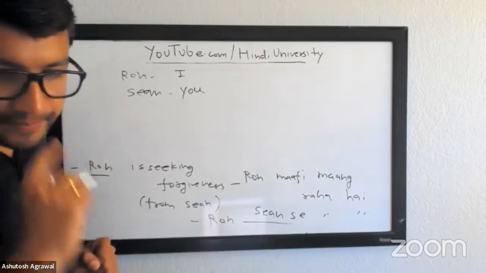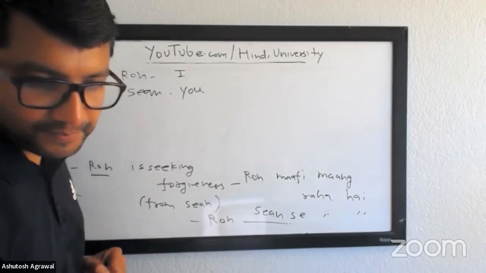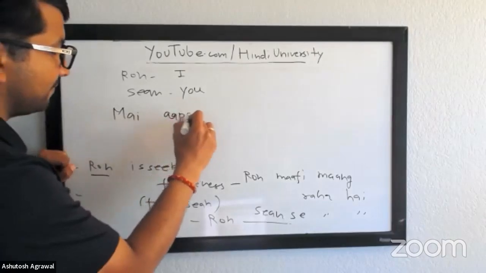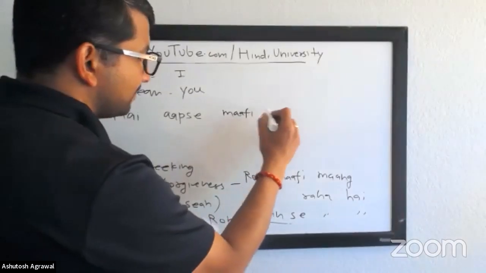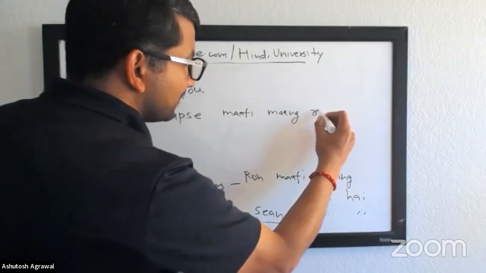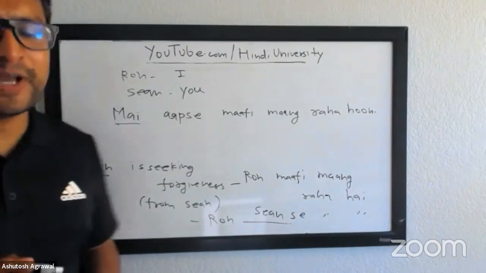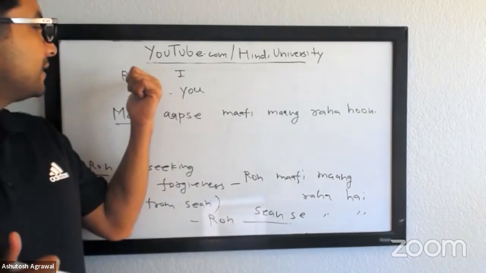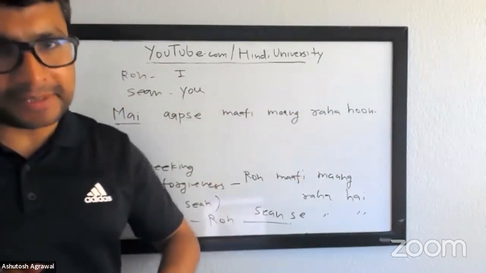How will you say that? मैं आपसे, keep going, मैं आपसे माफी मांग रहा है. रहे हैं. रहा हूँ. Okay, awesome, beautiful. मैं आपसे माफी मांग रहा हूँ for Ron, and if it is, let's say, Riya, मैं आपसे माफी मांग रही. If the girl is saying it, मैं आपसे माफी मांग रही हूँ.